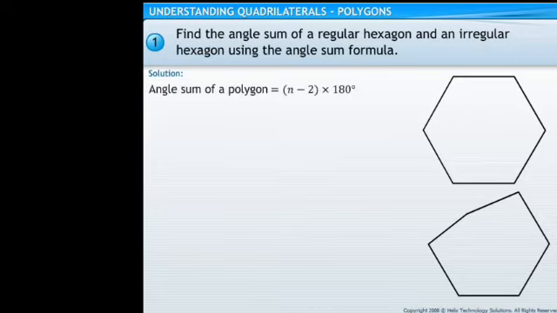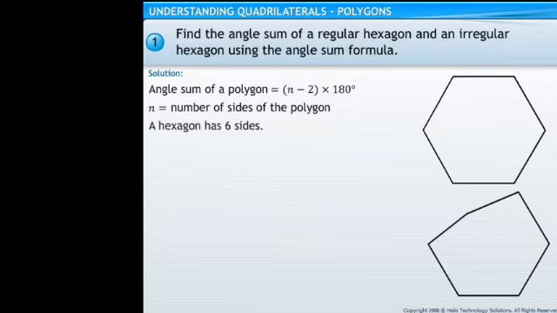The angle sum of a polygon is given by the formula (n-2) multiplied by 180 degrees, where n stands for the number of sides of the polygon. First, we will find the angle sum of the regular hexagon. A hexagon has 6 sides.